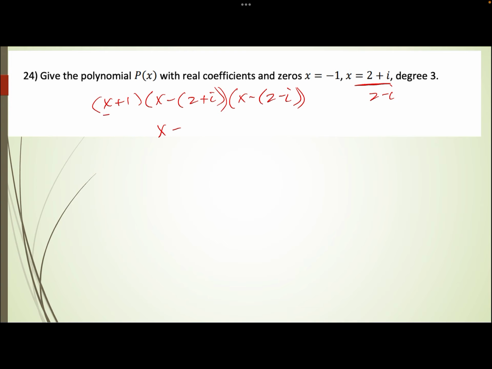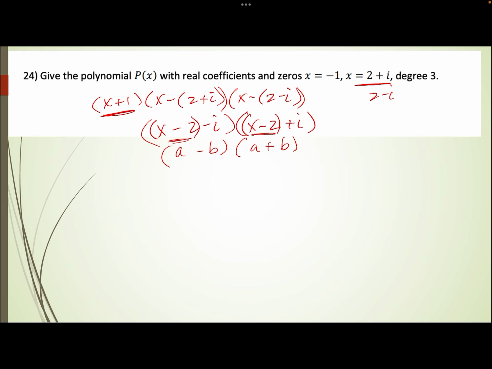I'm going to ignore this one again. x minus 2 minus i, and then x minus 2 plus i. Well, this time, instead of distributing everything through, I'm just going to add a set of parentheses here. Now look what I have. A minus b times a plus b. Because my x minus 2 is the same in both of them, and I have minus i and plus i.